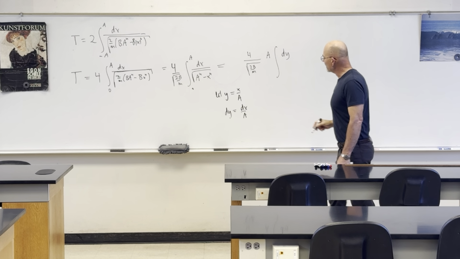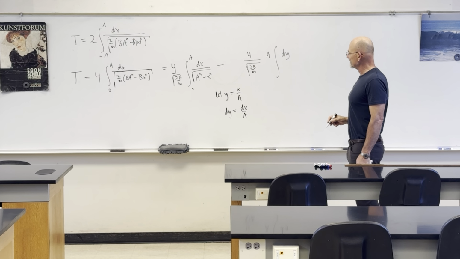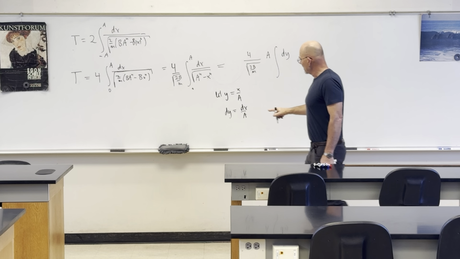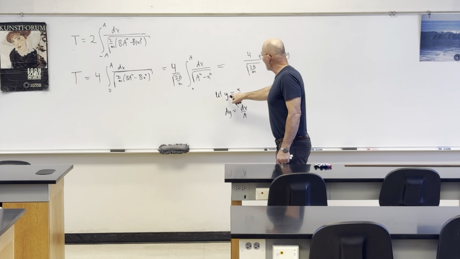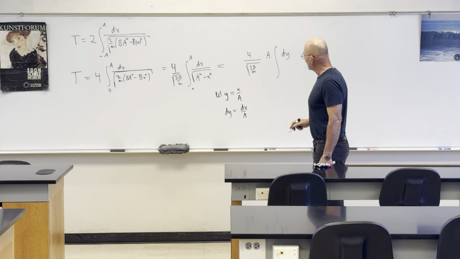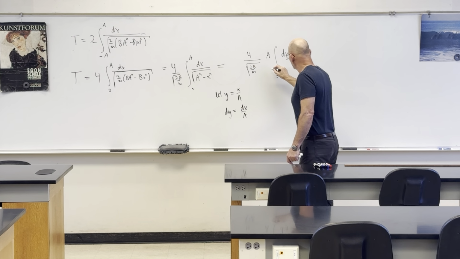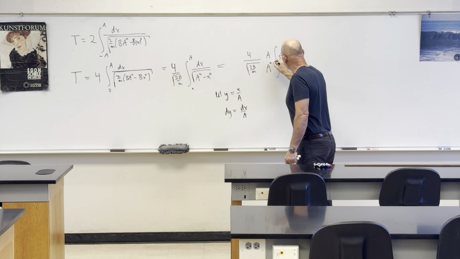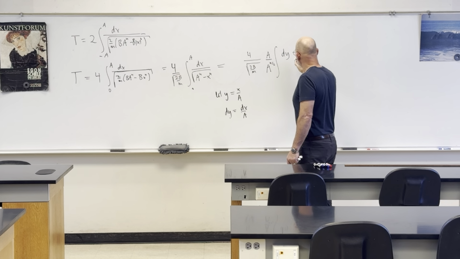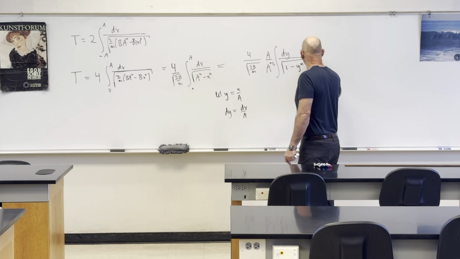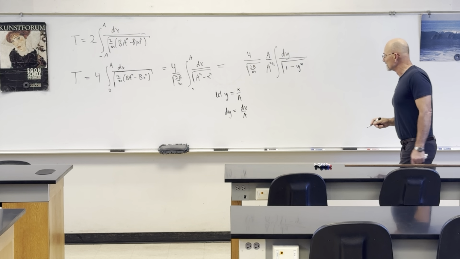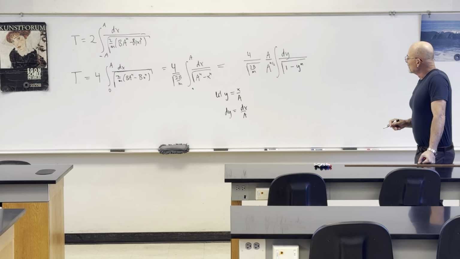My x to the n is a to the n, y to the n. So I actually have a to the n divided by 2, dy, root 1 minus y to the n. So that's the result we were after. We'll clean it up a little bit more.